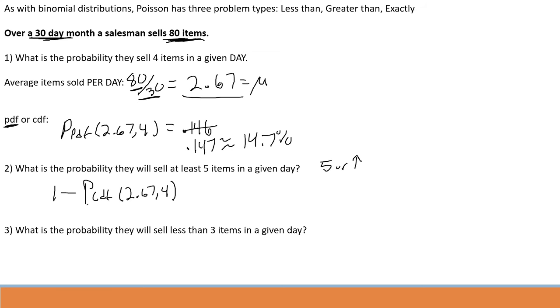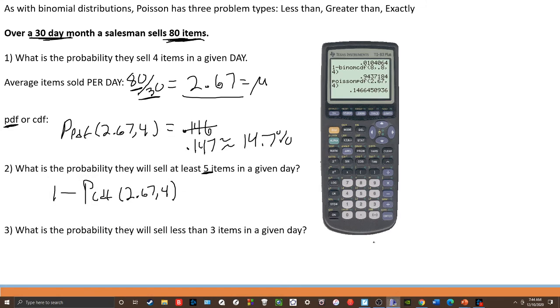Because once again, I want to subtract off everything I don't want. So at least 5 means I want to keep the 5, so I put a 4 in here. When you're doing this, ask yourself, what do you want to keep? What do you want to take away? So 1 minus the distribution of Poisson CDF 2.67, comma 4. Again, make sure you're using CDF, not PDF here.